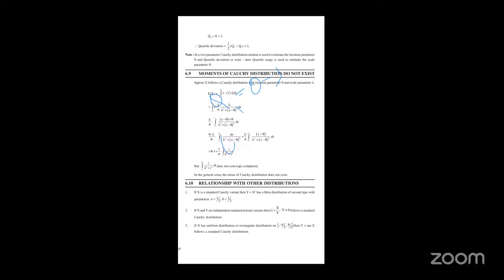In quartile 3, we'll get theta plus lambda. So quartile deviation, half, 1 by 2 into Q3 minus Q1, equals lambda. So this is the quartile deviation.